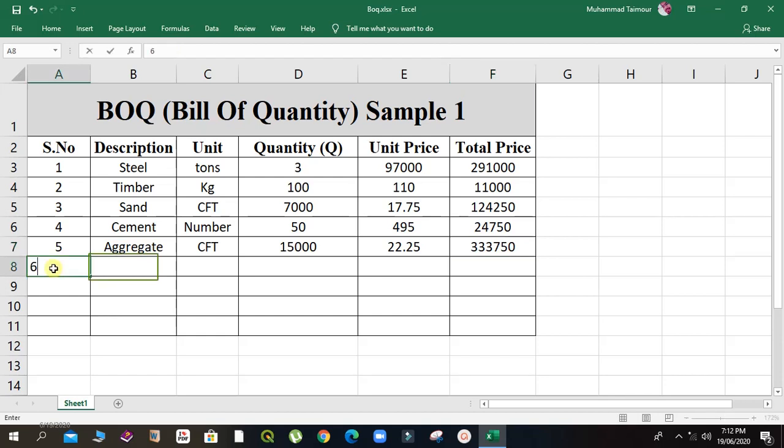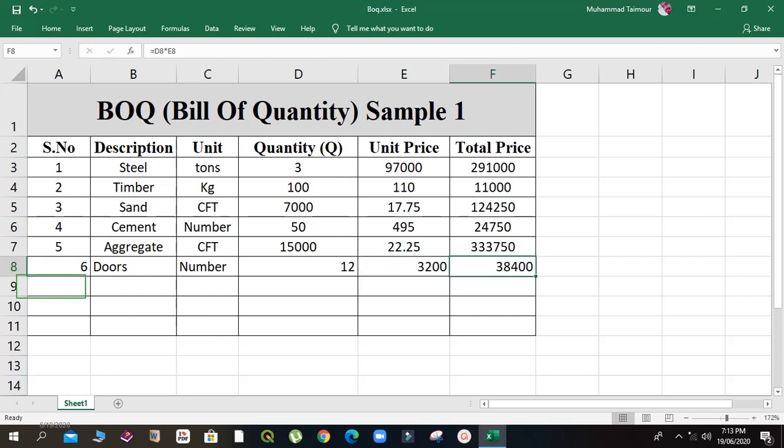And sixth number, doors. The doors are also calculated in number and quantity. So let's say I write 12 doors and the price of one door is 3,200.